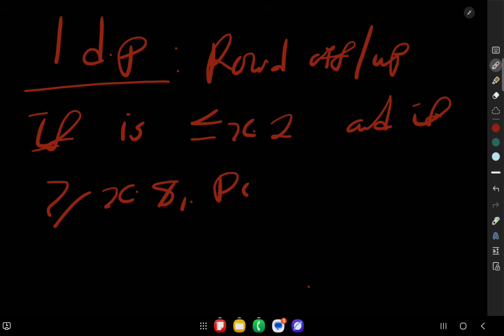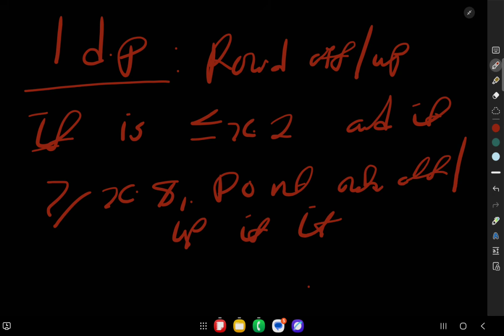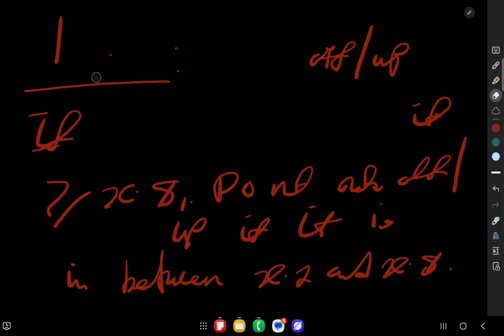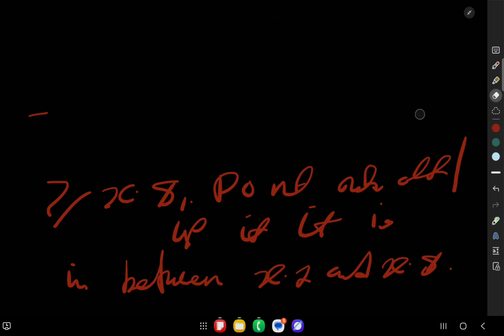Remember this. Do not round off, or rather up, if the ratio you obtained is in between x.2 and x.8. Instead, you have to find a factor.